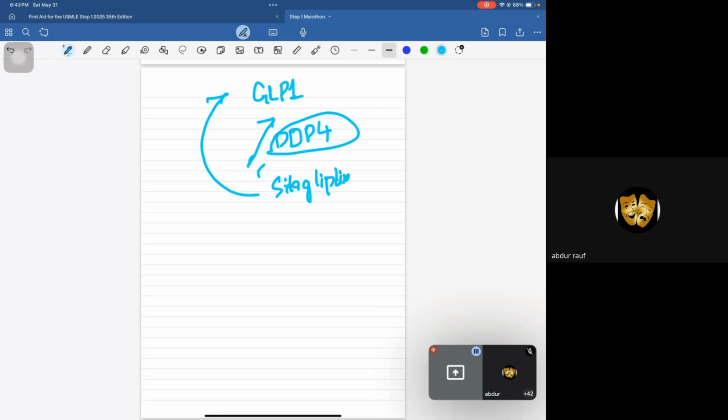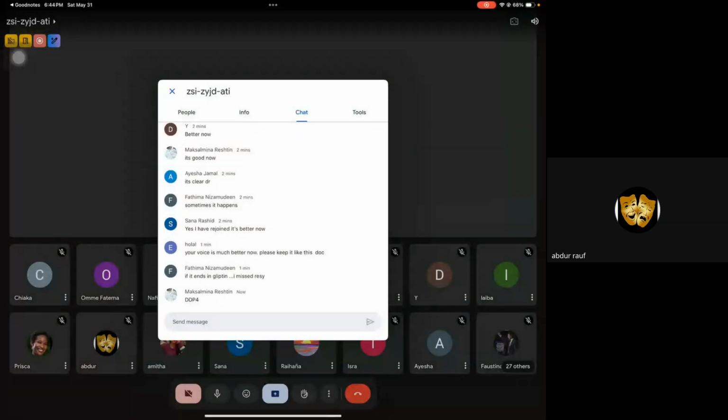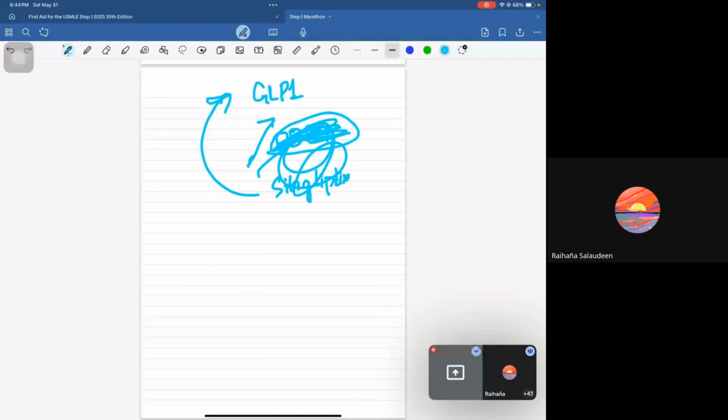When it stops the DPP-4, the GLP-1 is going to increase, right? It's going to inhibit the DPP-4, and then the GLP-1 is going to increase. Any other question? I have the same question, but I still don't get the mechanism of how the DPP4 inhibitor works.